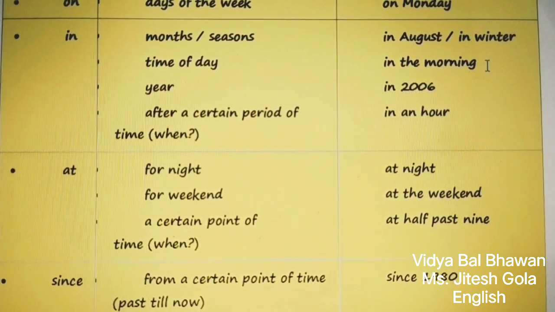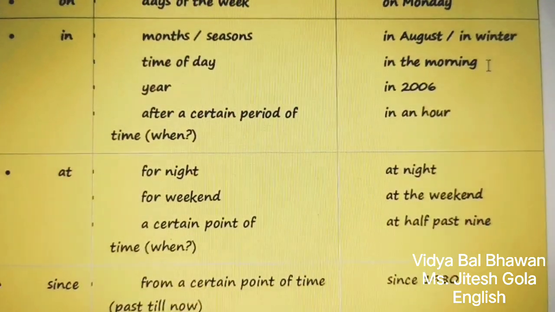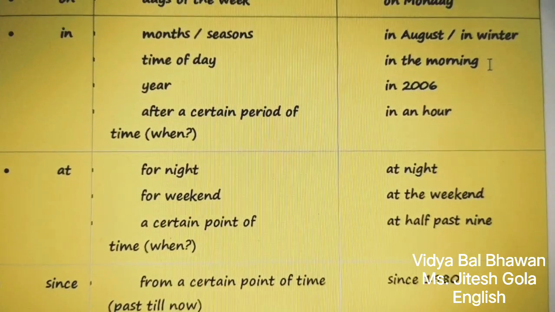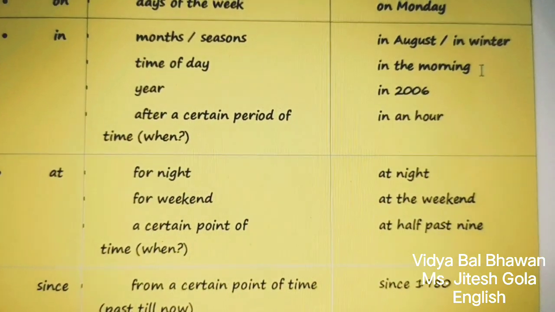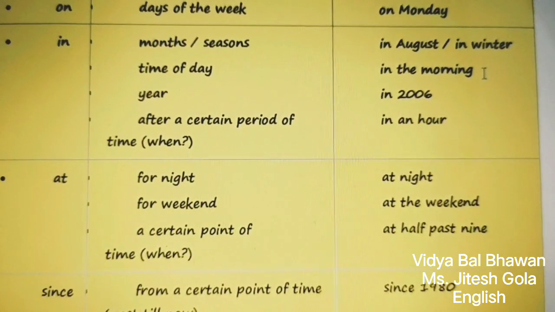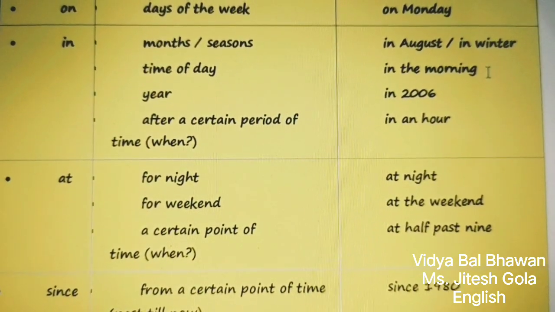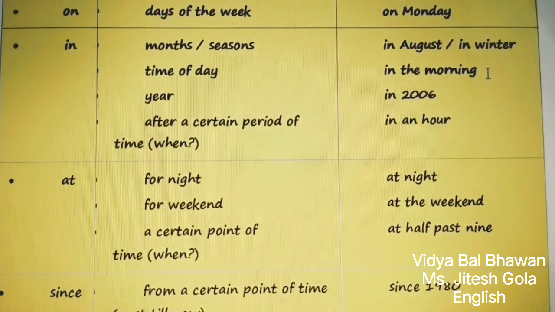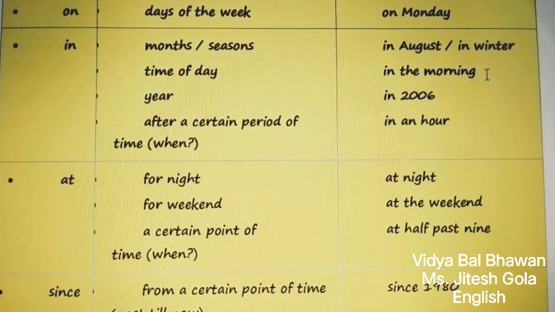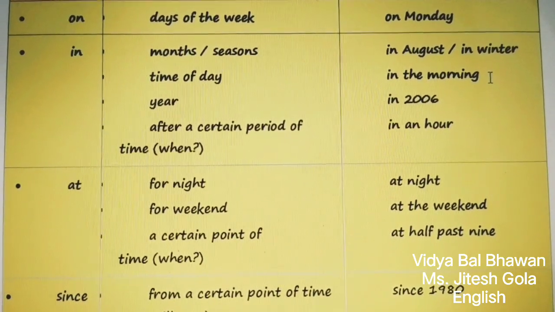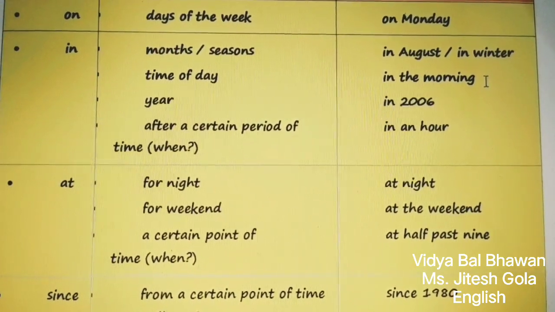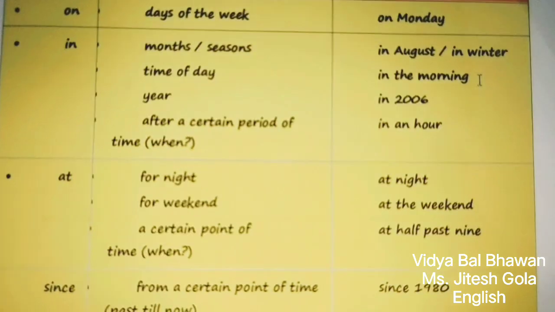With years also we use it, like in 2006, 2010, 2020. And after a certain period of time, when the question arises when you are coming: in an hour, within a minute. So here there can be different usages for in.